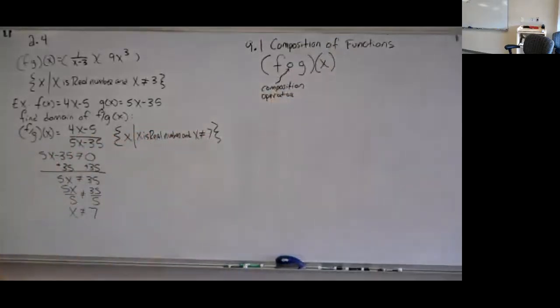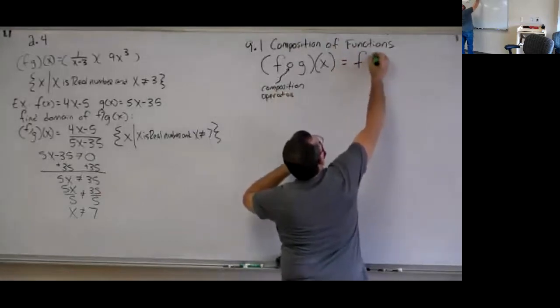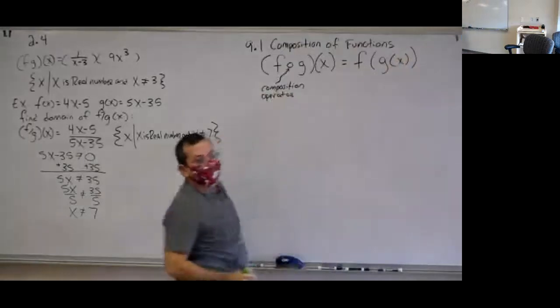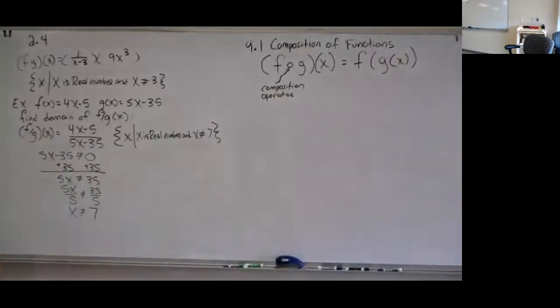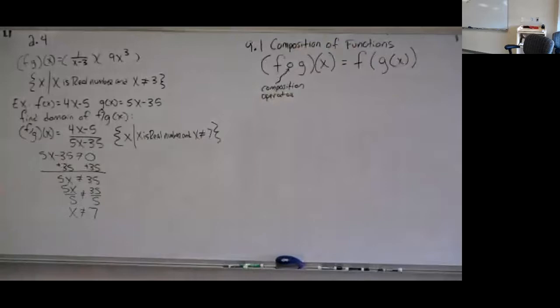But F composed G of X really equals F of G of X. So basically what you do on these problems is you work your G of X part first. Once you got that G of X figured out, you put it into all the X's of the F. It's like you're almost putting the whole function into those X's now, okay?